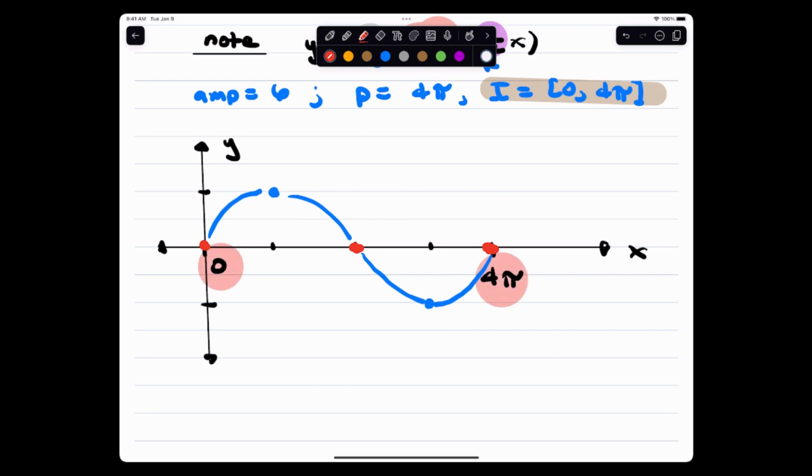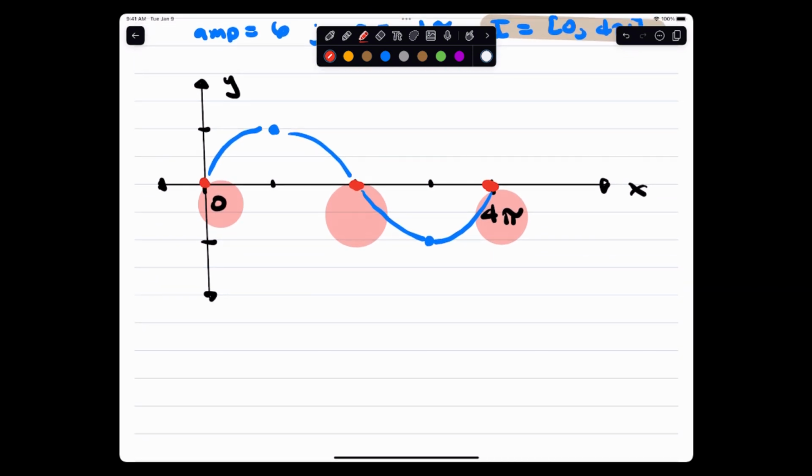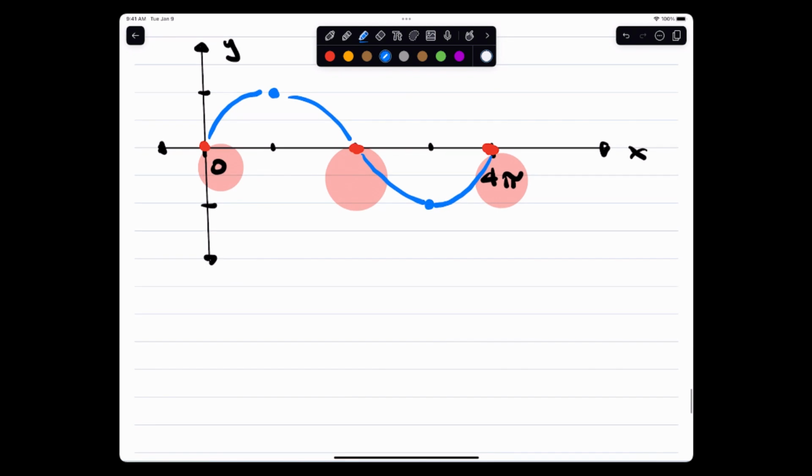Zero, 4 pi. Could you guys tell me what's halfway between 0 and 4 pi? What's midway? How do you guys find the midway value here? Anybody know? What's the formula? 0 plus what, divided by 2. What do you guys get?